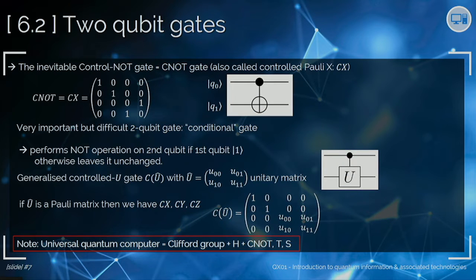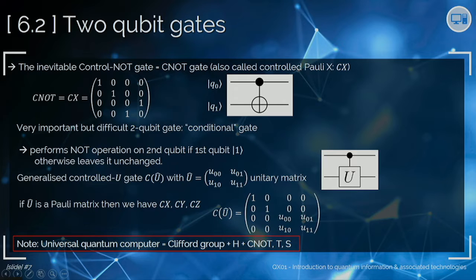Same thing for 2-qubit gates, and in particular the very important one, the so-called controlled NOT gate or the CNOT gate, sometimes also called CX, because we see the X matrix here. So this is a 2-qubit gate, Q0, Q1, and depending on the input of the Q0 qubit, so you have a control qubit and a signal qubit, then you change the other qubit.